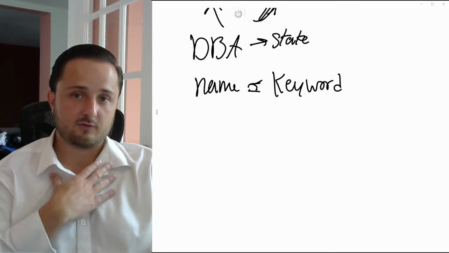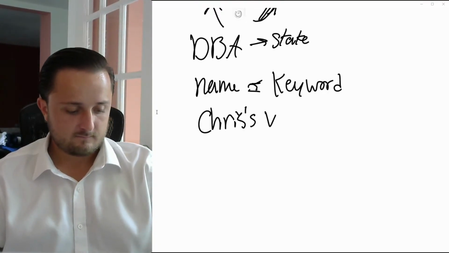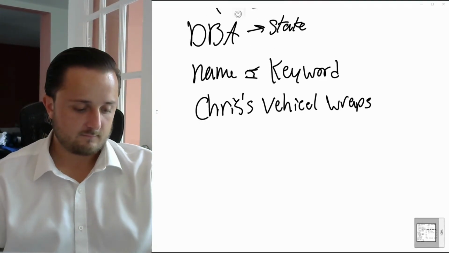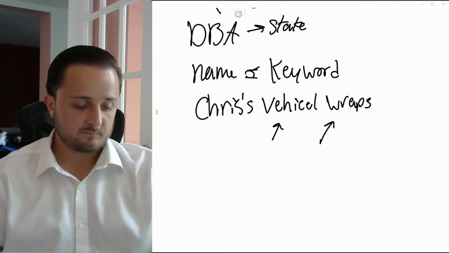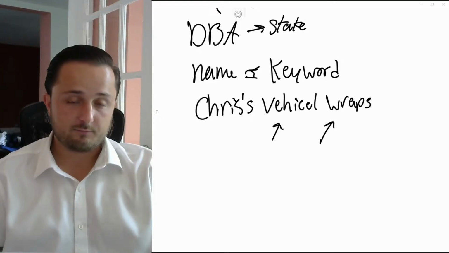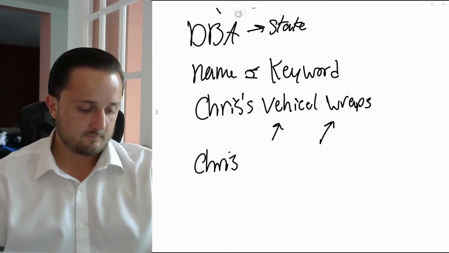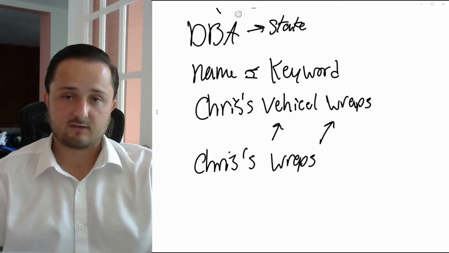Since my name's Chris, we could do Chris Vehicle Wraps, right? We want a keyword in the Google Business Profile name. Now, you don't have to do both vehicle and wraps. You can do Chris's Wraps as an example.